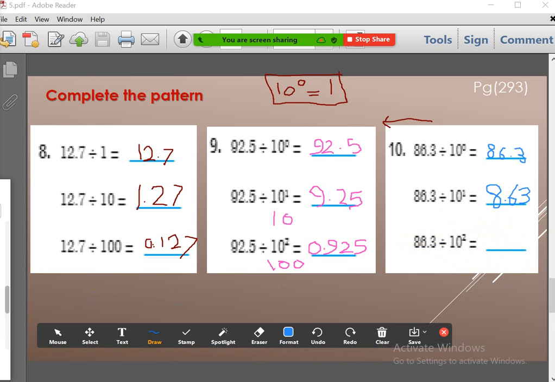Very good, your answer is correct. Thank you so much, Celine. So I have to move the decimal point here 2 digits to the left side, so the number will be 0.863 thousandths.